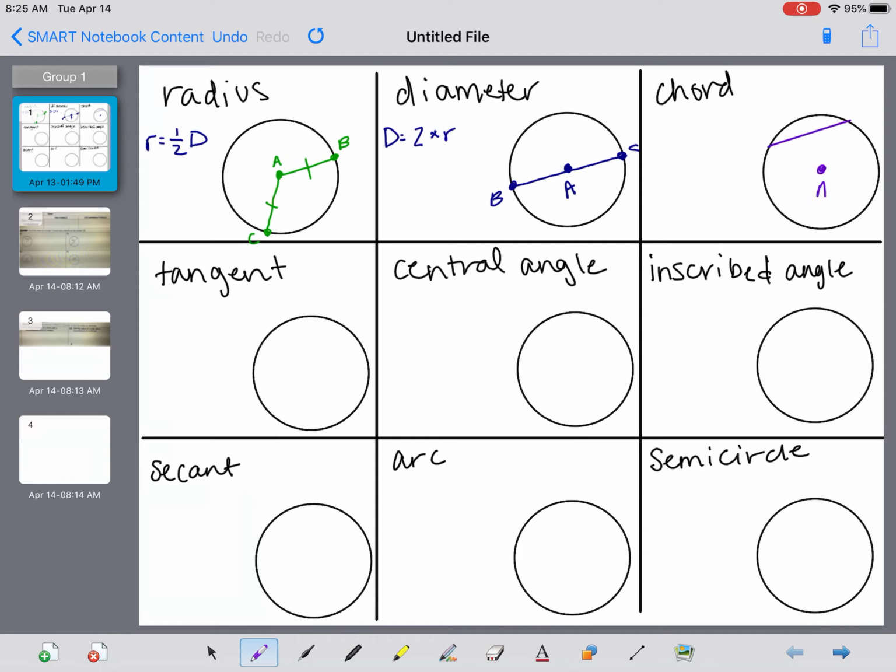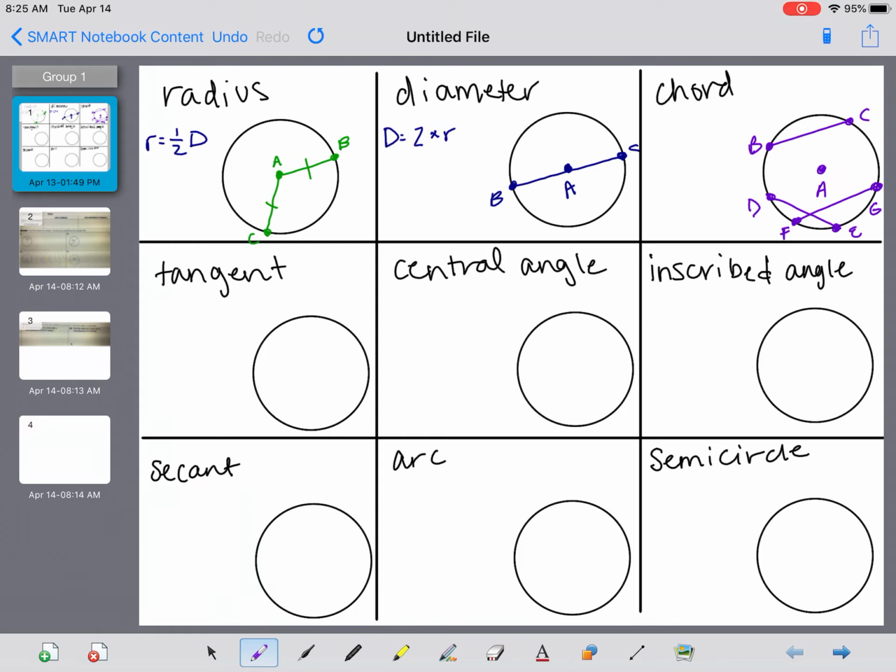Now let's talk about a chord. A chord is any segment that starts and stops on the circle. For example, this would be a chord, and here's the center of our circle, circle A. This would be a chord, we'll call this BC. This would be another chord, we'll call this DE. This would be another chord, we'll call it FG.